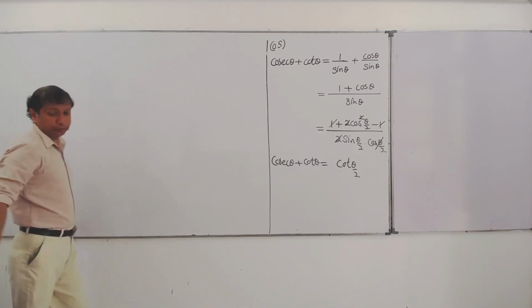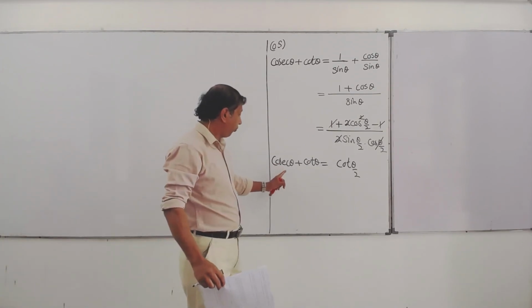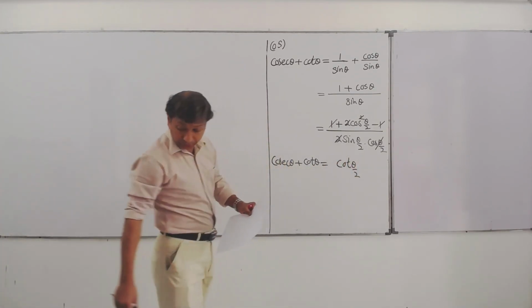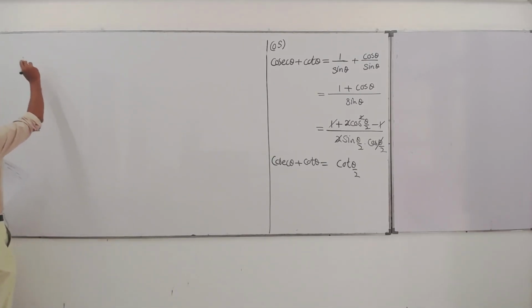Now the second part I can take like this. By this proof, I take this cot theta to the right hand side. And we make cosec theta the subject.